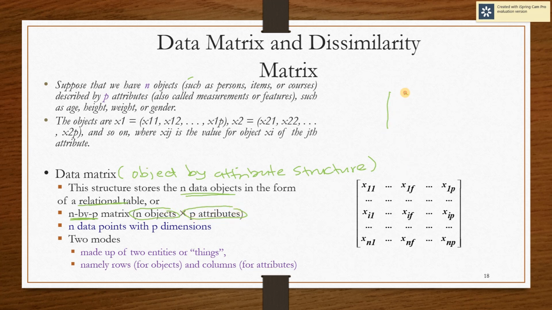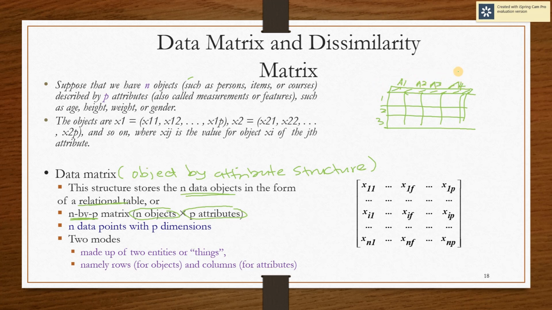So let's say you have 5 attributes, 1, 2, 3, 4, 5, and you have 3 rows, 1, 2, 3. So this would be the names of your attributes, A1, A2, A3, A4.